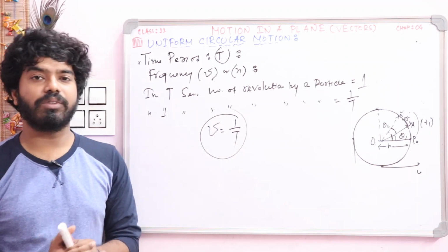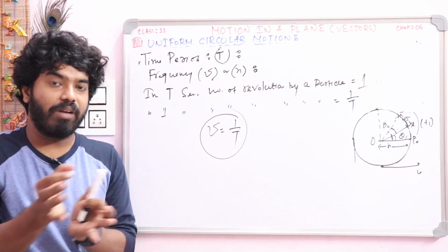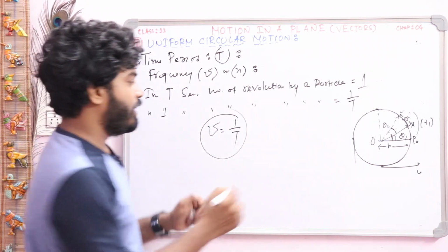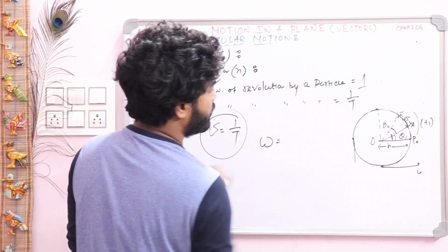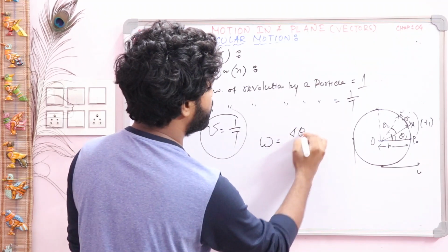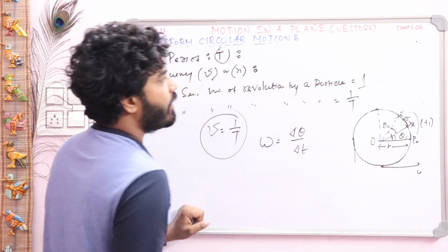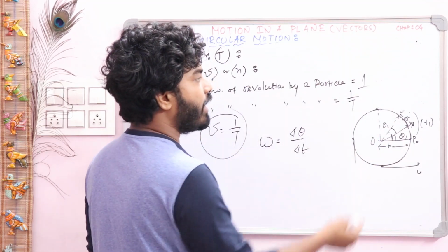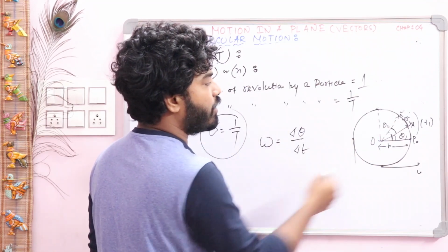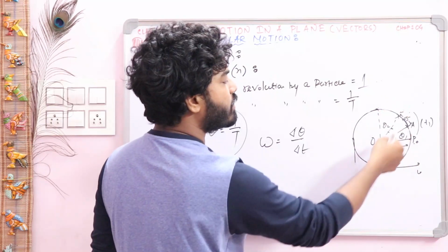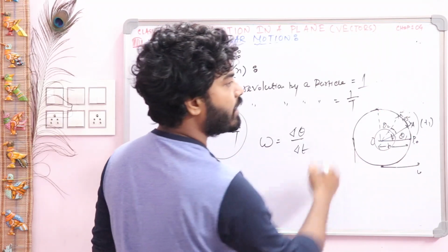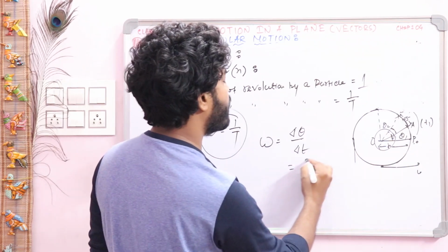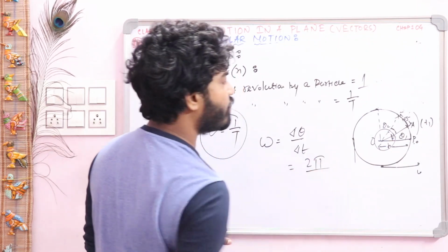Now we will prove the relation among angular velocity, time period and frequency. Angular velocity is del theta by del t. When a body is rotating along a circular path for a complete revolution, the total angle swept is 360 degrees, or 2 pi in radians.